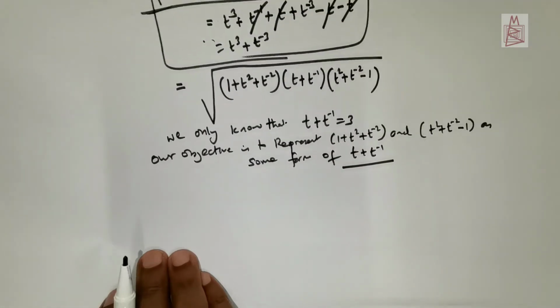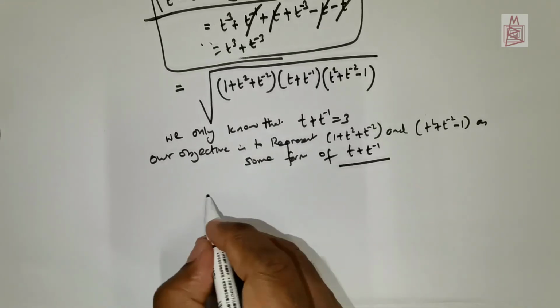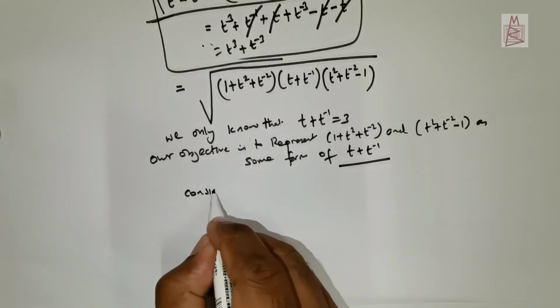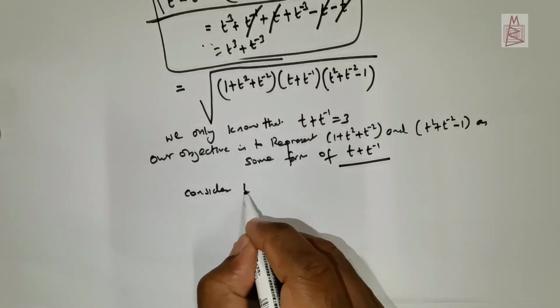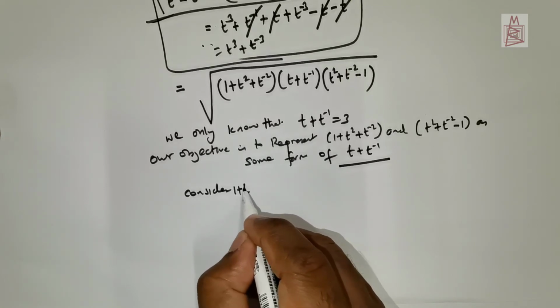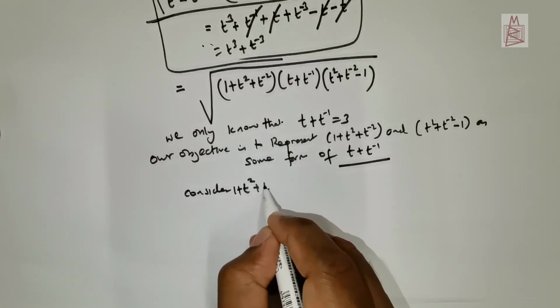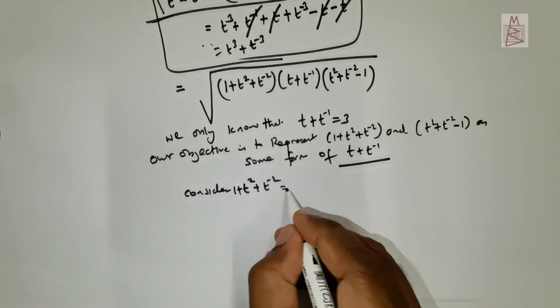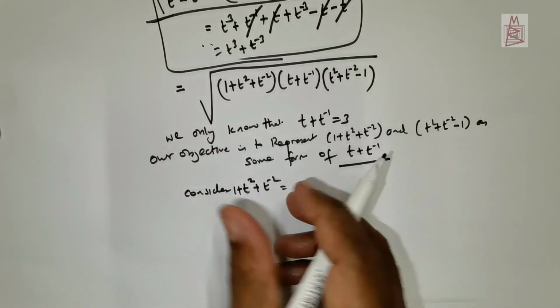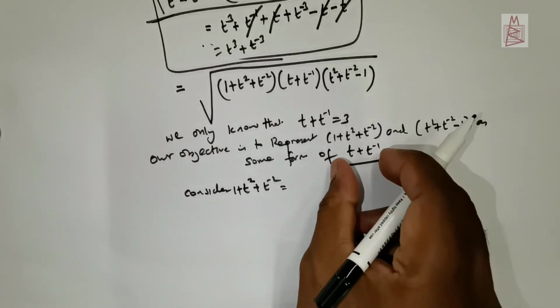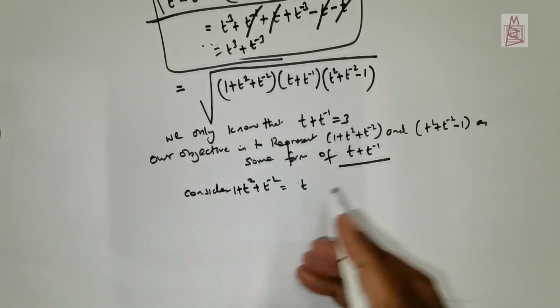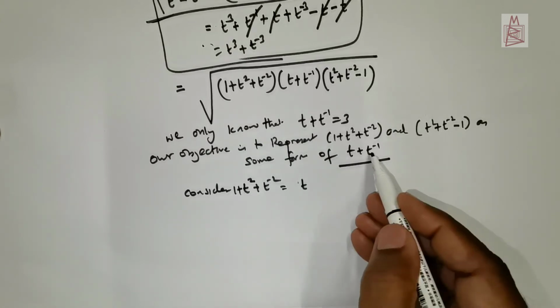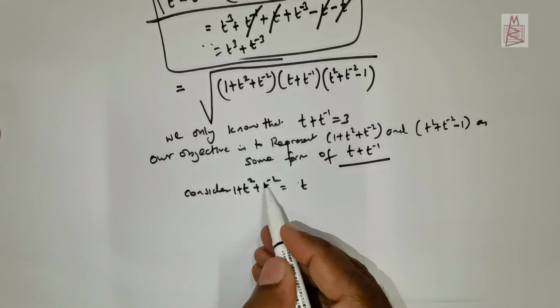So having mentioned that, I'm going to consider 1 + t^2 + t^(-2). I'm going to try to represent this quantity as the square of something, because I know that t^2 gives me this, and (t^(-1))^2 also gives me this.